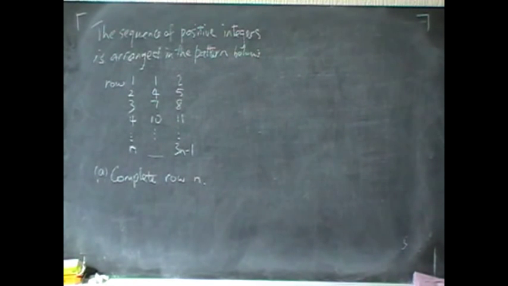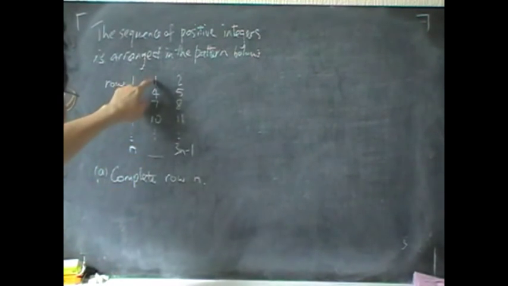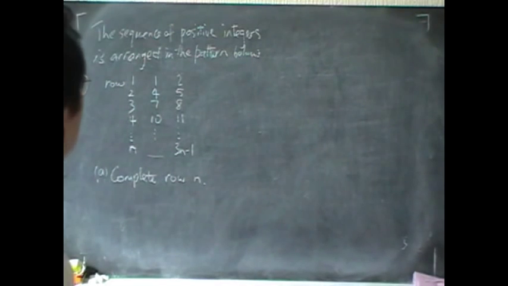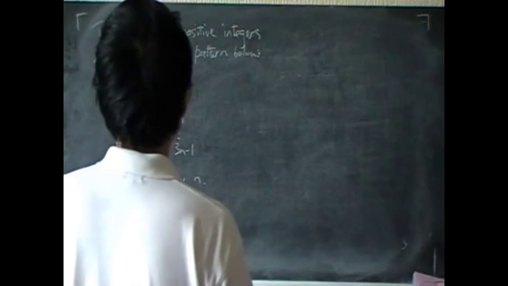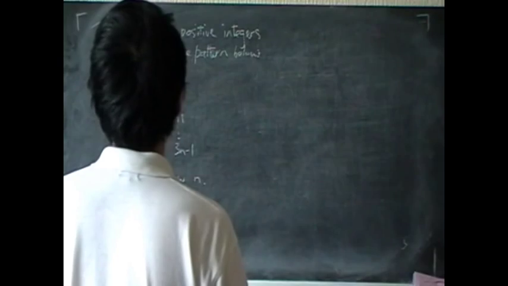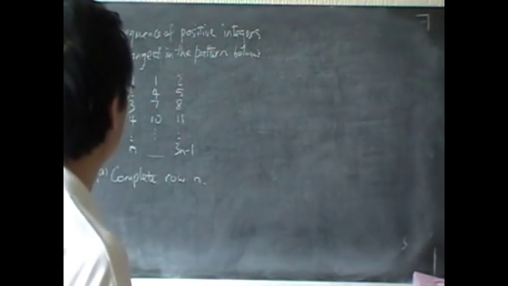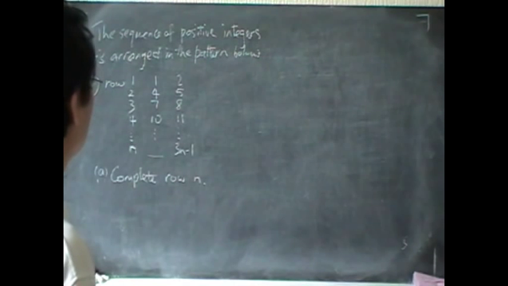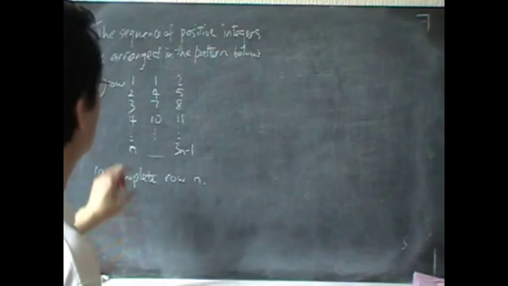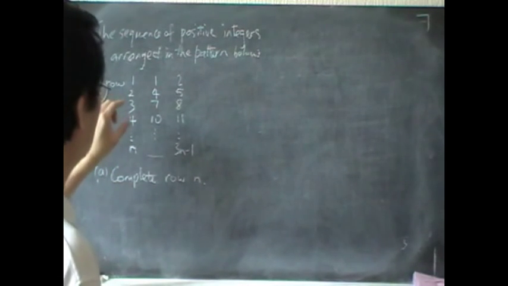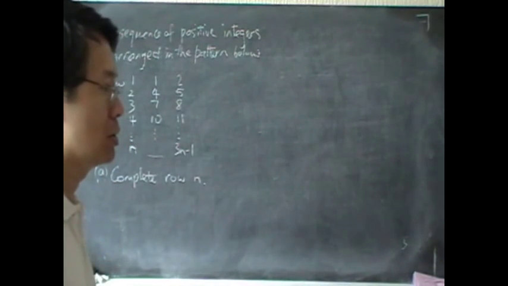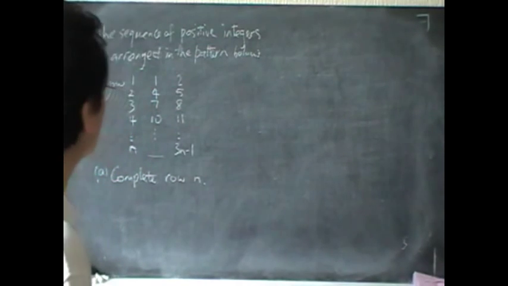So in order to see how to make up a sequence like that, what we could do is think about a term given by, say, 3 times n.